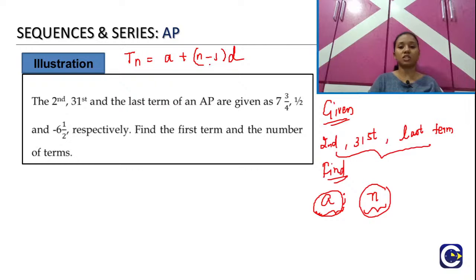So by applying this concept, we can determine and write our second term, 31st term as well as the last term in order to determine the first term of the arithmetic progression as well as the number of terms in that progression.